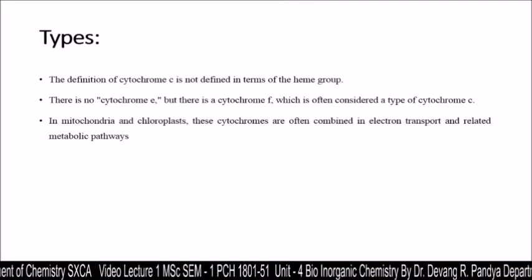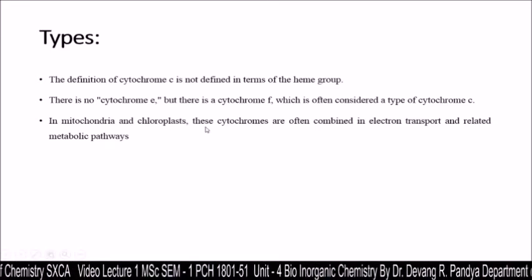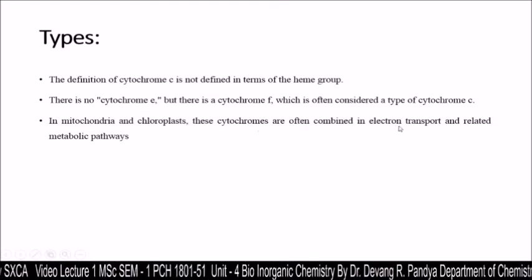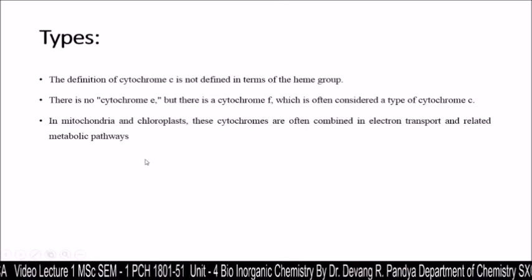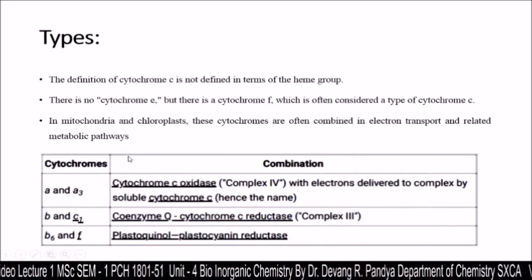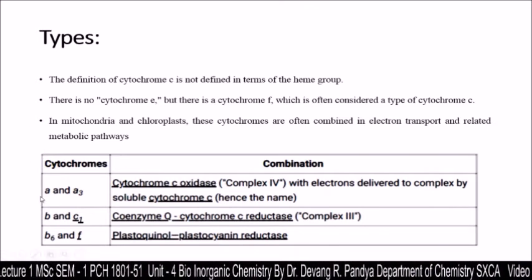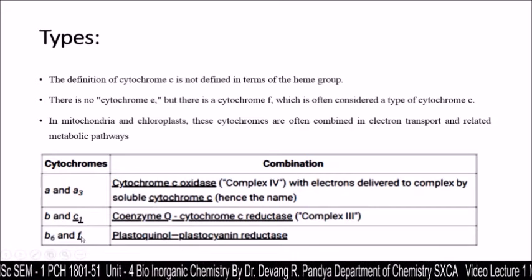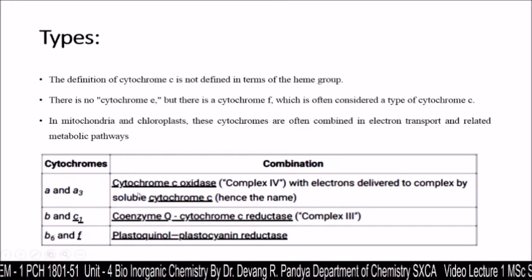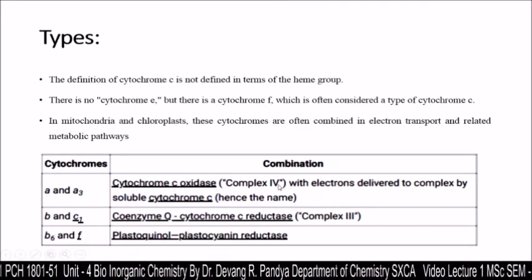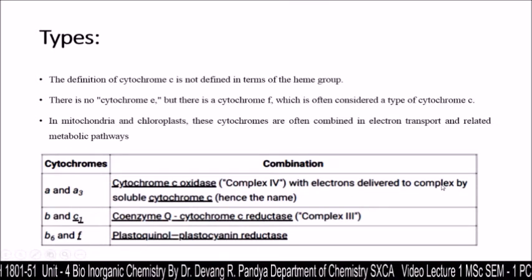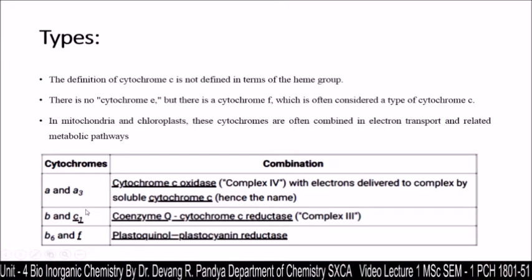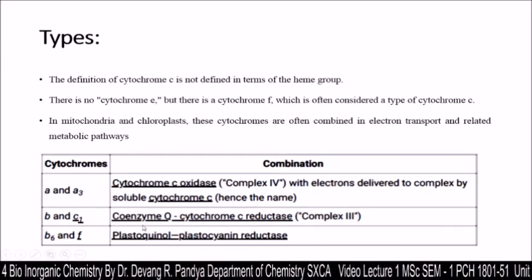In mitochondria and chloroplasts, these cytochromes are often combined in electron transport and related metabolic pathways. These are the cytochromes A, A3, B, C1, B6 and F, and these are their combinations: cytochrome C oxidase, that is complex 4 with electron delivered to complex by soluble cytochrome C, hence this name is AA3.